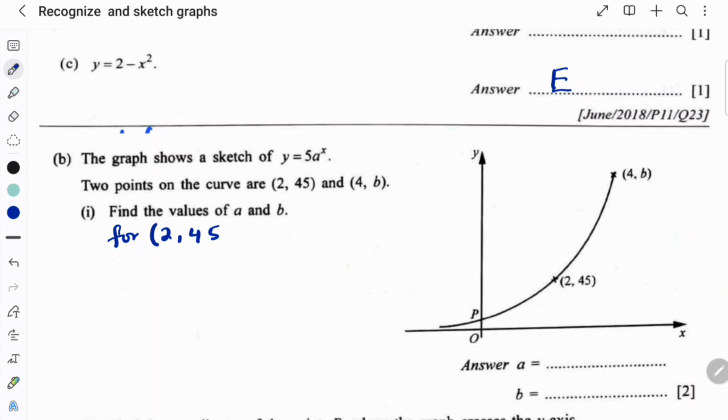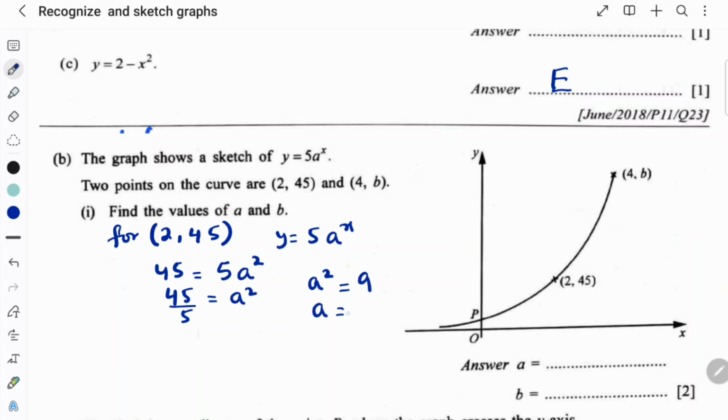The main equation is y is equals to 5a to the power x. 45 is equals to 5a to the power x, and x is 2, square. Okay, so 45 over 5 is 9. A square is equals to 9, then a will be equals to plus minus 3.